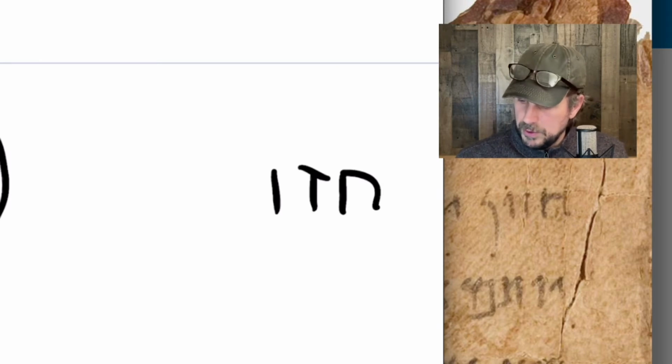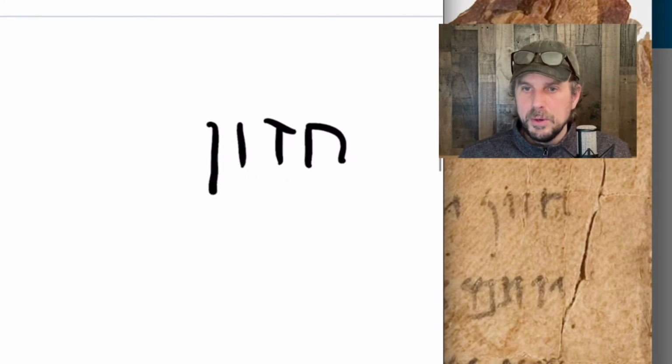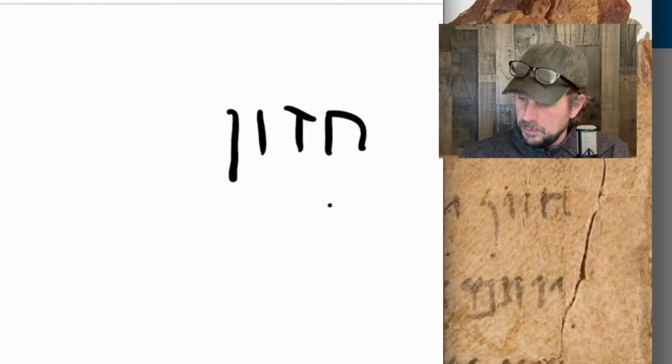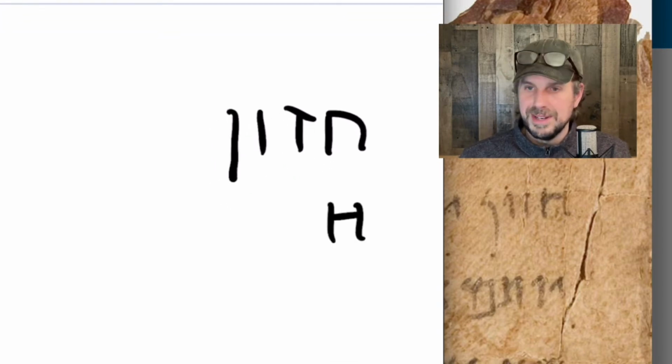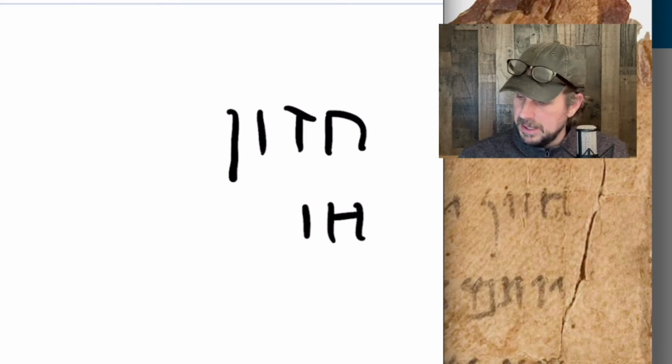And then when we learn the Nun, it's just going to be like this: chazon. But that's not the way he wrote it here in the Great Isaiah Scroll. He wrote the Chet with three strokes like that. His Zayin was more like a vertical line, and then the Vav, like we saw, was like that number 7. I could do better than that.